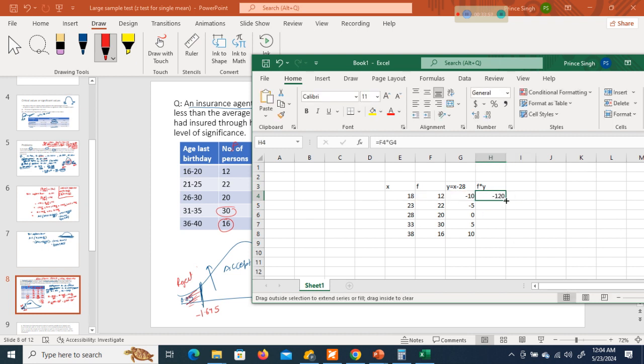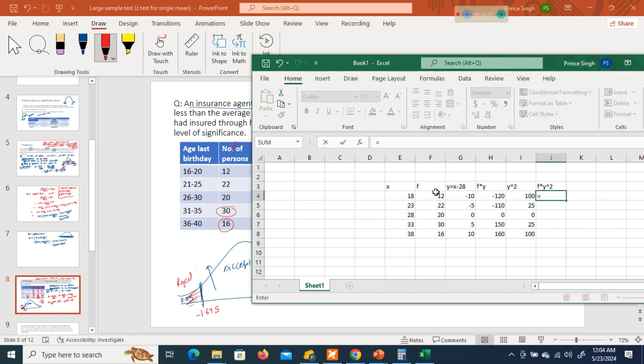And now I'm going to take y square, equal to square of this number. 10 square is 100, 5 square is 25, 10 square is 100, right? So we are going to take here f into y square, means we are going to take the product of frequency with y square.